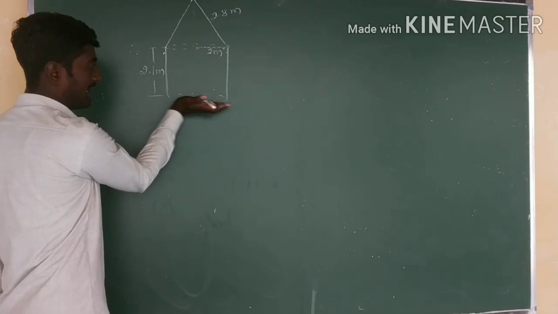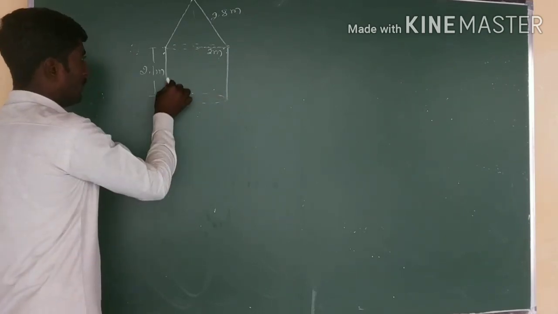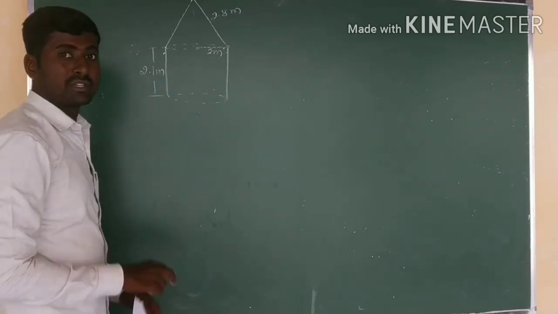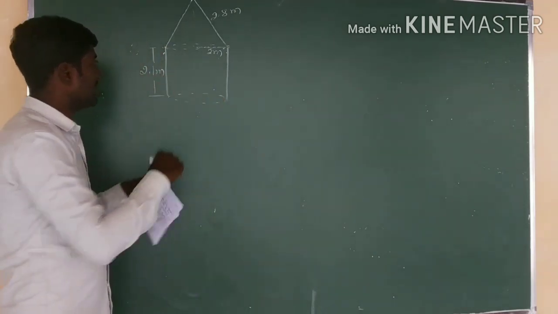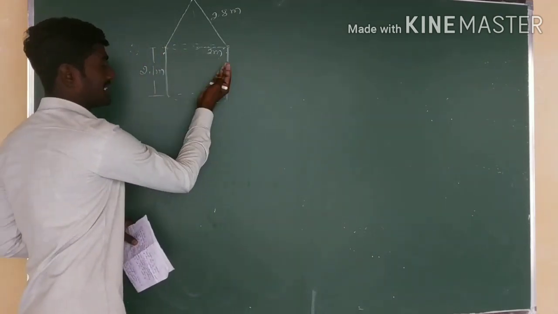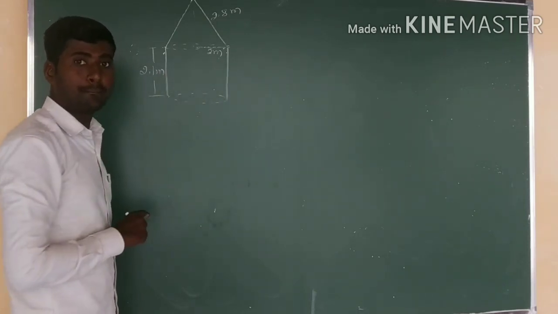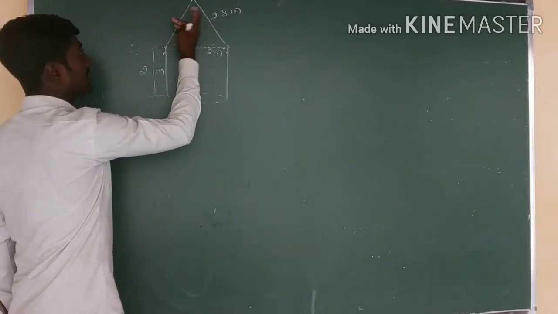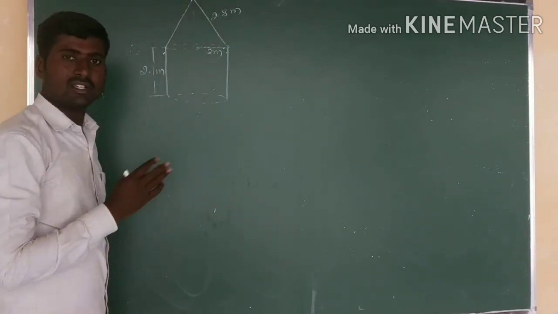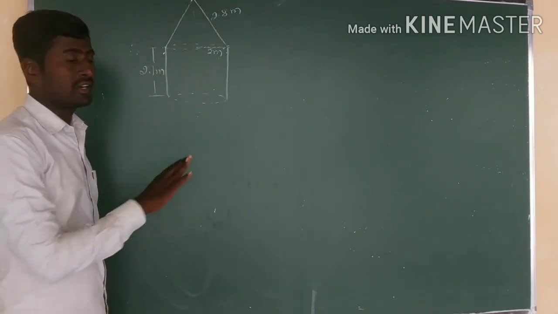We are not going to make any canvas here. Now we are going to make the canvas for the area, that is curved surface area of the cylinder or cylindrical part, plus curved surface area of the cone. So that is the required area for canvas.